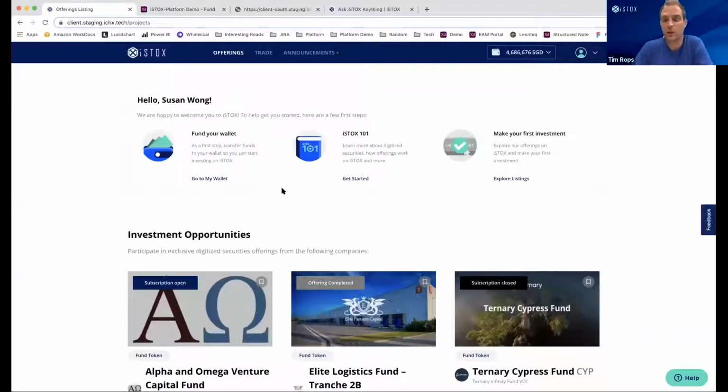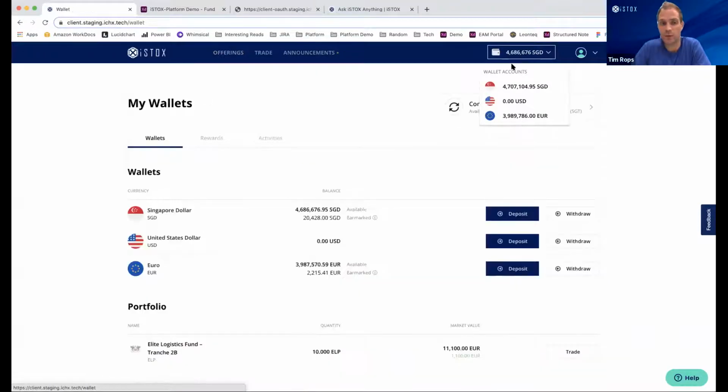Yeah, let me share. So to fund the wallet, if you log in and land at the homepage like we do here, there is also a Fund My Wallet quick training here, or simply navigate to the wallet here.